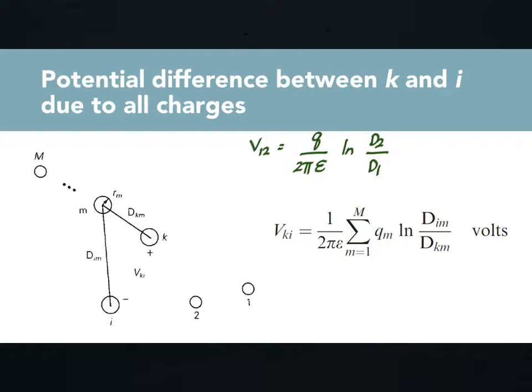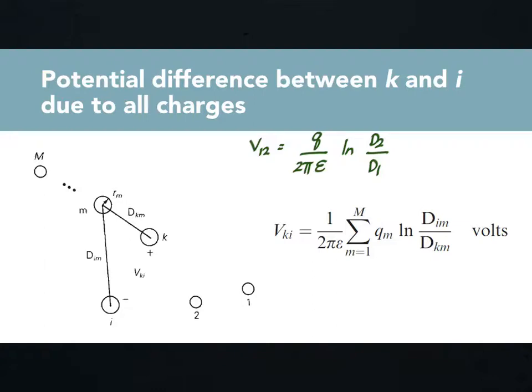Now, we will consider all the charges. In this case, we pattern it here, so V12 becomes VKI, between conductor K and conductor I. So, 1 over 2 pi epsilon.